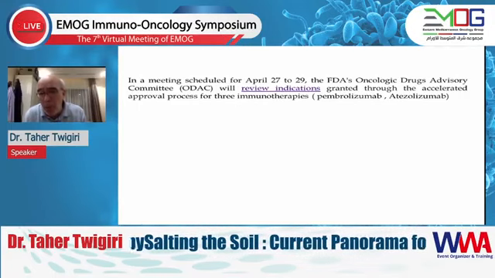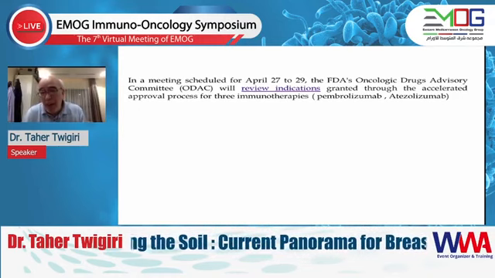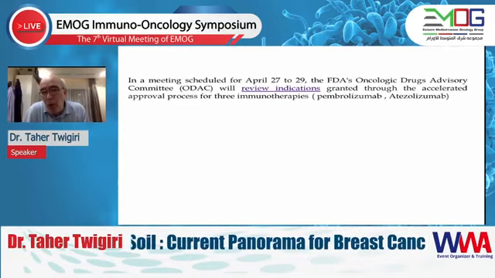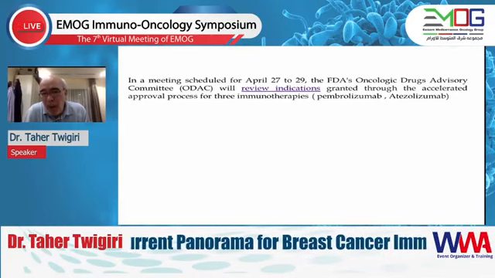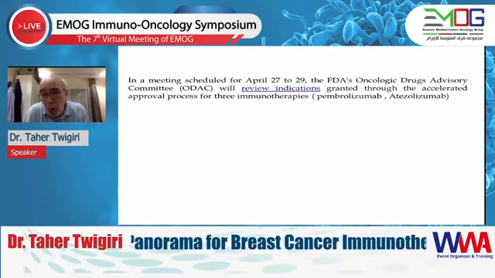I'm talking about Pembro, Atezo, and durvalumab. My feeling is there is a high possibility we are going to learn on the 29th or the 30th of April that a lot of this immunotherapy is going to be withdrawn.